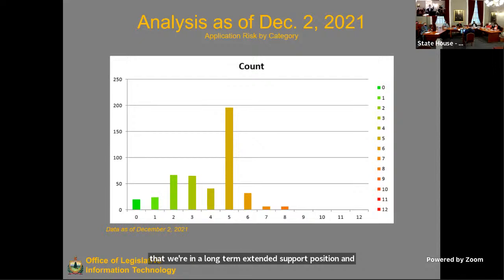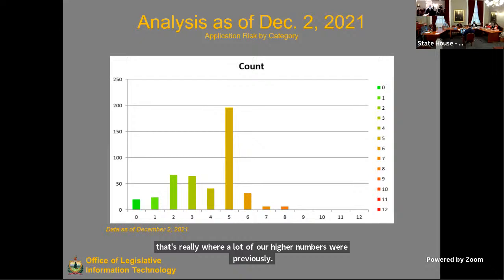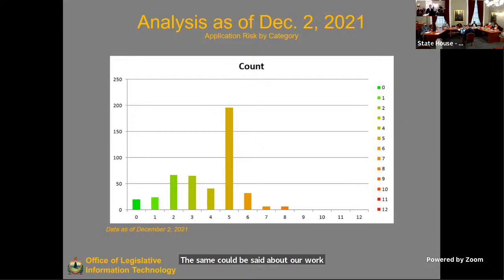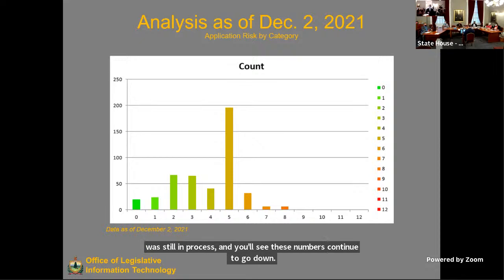And that's really where a lot of our higher numbers were coming from previously. The same could be said about our workstation, laptop, desktop environment. We've continued to improve that. We're still in process. And you'll see these numbers continue to go down because those were some of our highest risk categories.